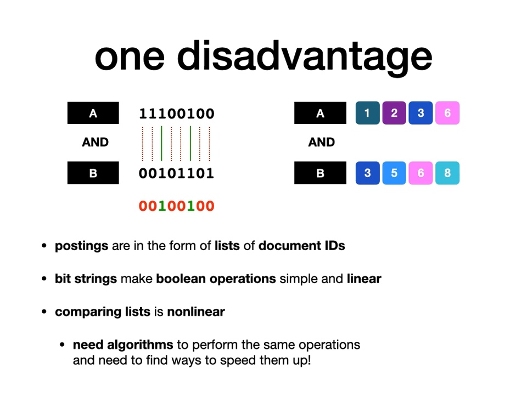But comparing lists, back to runtime issues. Comparing lists is non-linear. So if I'm going to say, hey, for terms A and B, is document 1 in both lists? I have to compare all of the postings of A and all of the postings of B to figure out that it's in both 3 and 6, unlike the linear process from the term document incidence matrix.